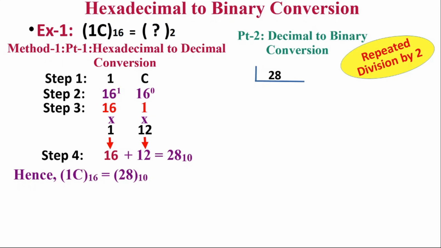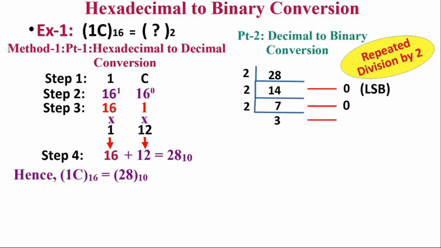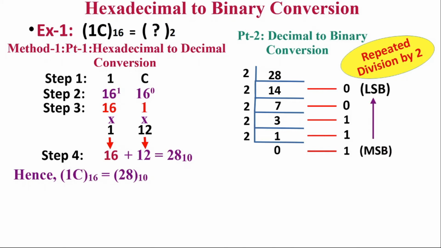And if we do this repeated division by 2, then we will get this 0 as the LSB. Then following the procedure, we will get 1 as the MSB, and we have to move up.